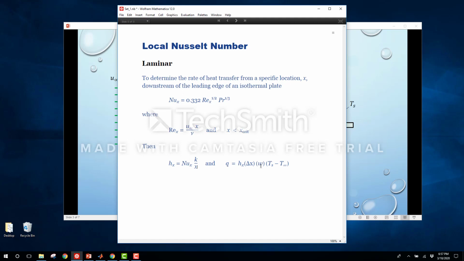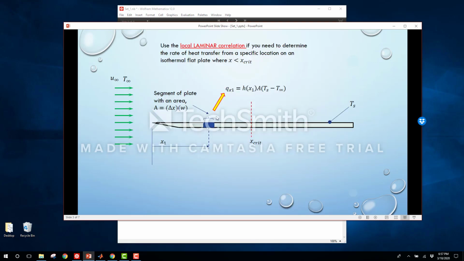If we didn't know the width of the plate, it would be per unit width. So in the unit of Q, if we know both of these parameters, Q will be given in units of watts. If we didn't know what the overall width of the plate was, the units of this would be watts per meter. And this all gets multiplied by the temperature differential. All right, so that's if we're on this side of x critical.